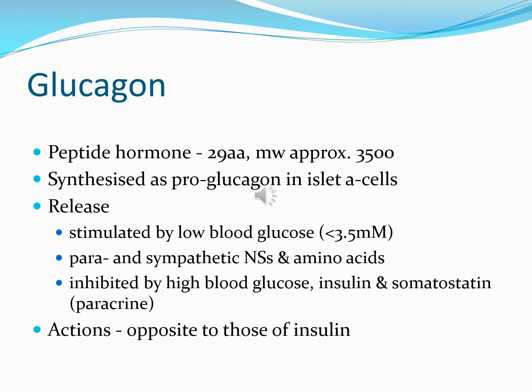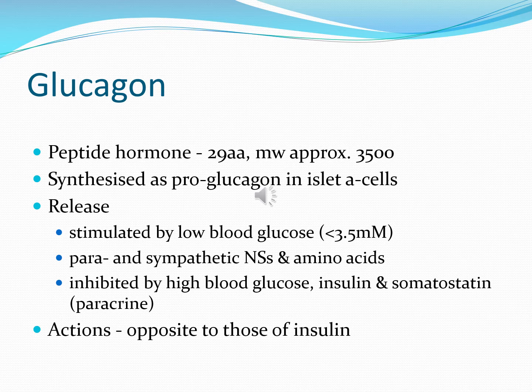So glucagon is the counter-regulatory hormone to insulin. Again, it's a peptide hormone, very small, 29 amino acids, molecular weight about 3500. As with insulin, it's synthesized as a prohormone, pro-glucagon, in the islet of Langerhans alpha cells, and in contrast to insulin, which is stimulated by high blood glucose, glucagon is stimulated by low blood glucose.